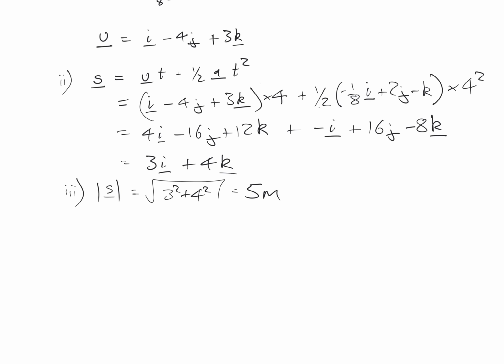Find the angle that it makes with the horizontal. So it's got I, J, okay, so it's gone 3 out and 4 up, and then we want the angle with the horizontal, which is that one there.